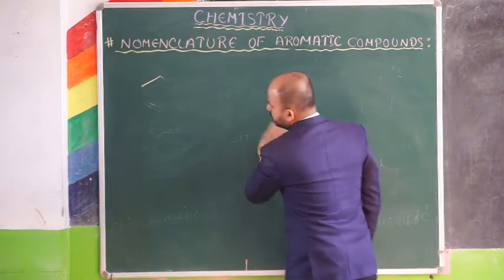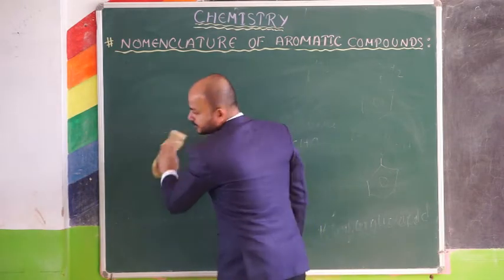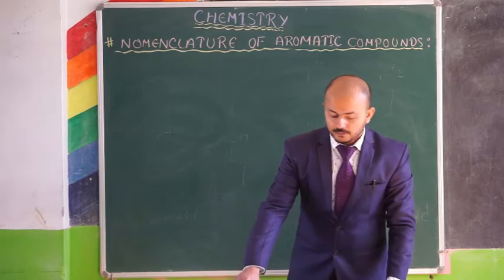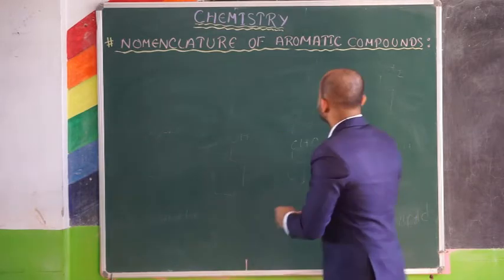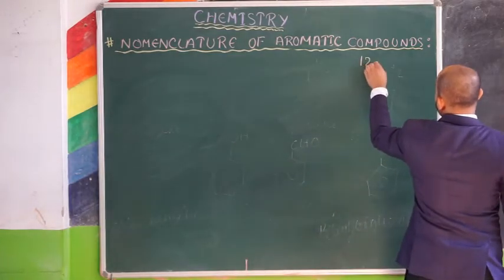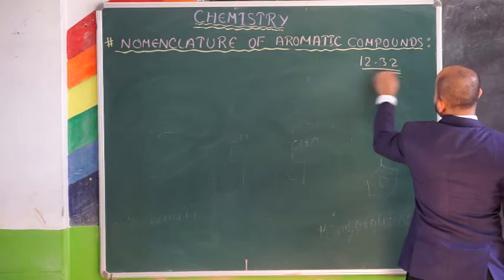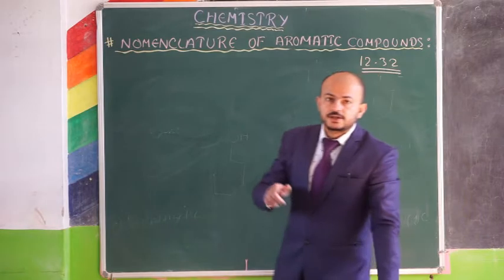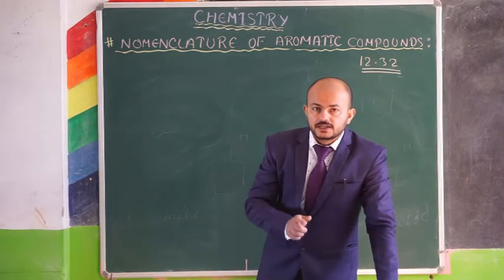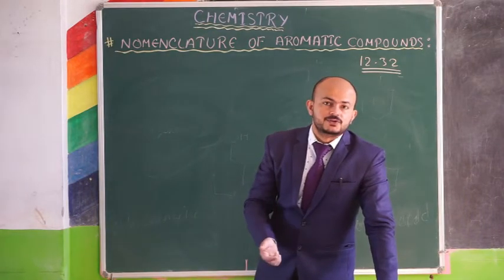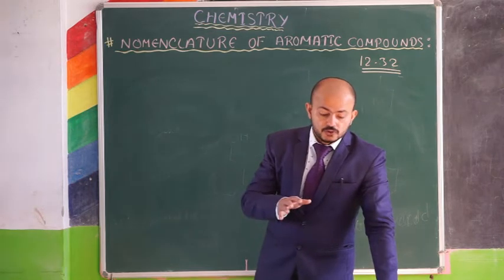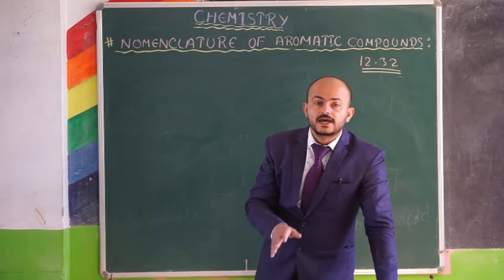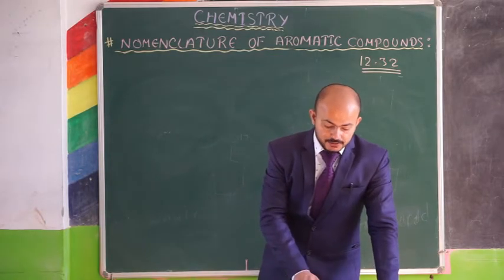In your book, page number 12.32 and 12.33, you have different structures of aromatic compounds and their names. You have to go through these pages and remember the names of these compounds.